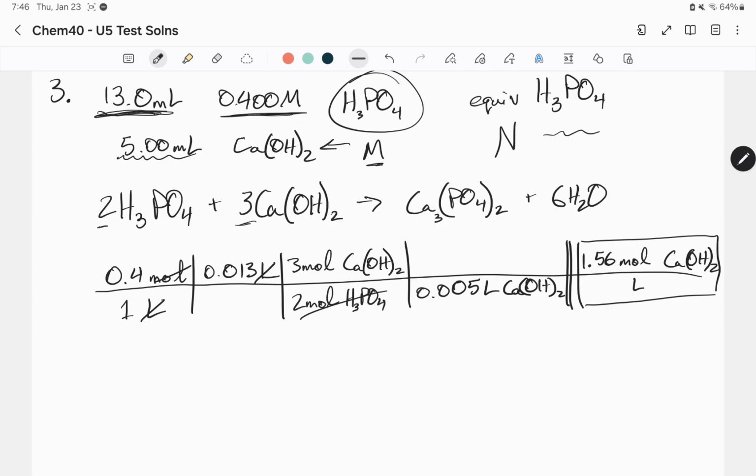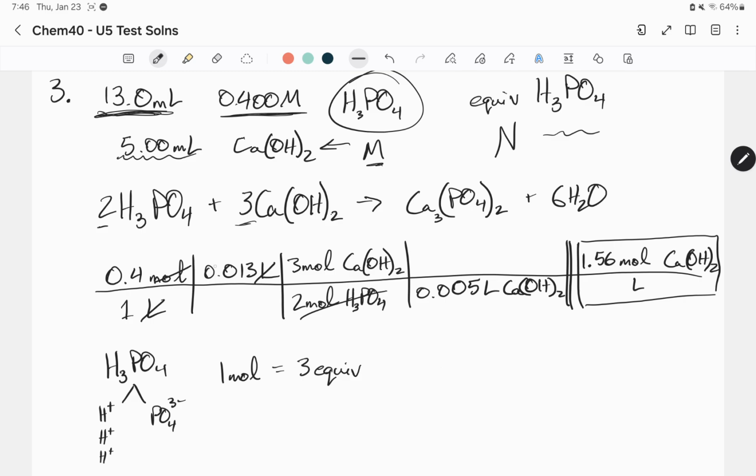Second piece is how many equivalents of phosphoric acid are present? Well, phosphoric acid is going to ionize into 3 hydrogen ions and 1 phosphate, right? So this means 1 mole is equal to 3 equivalents.